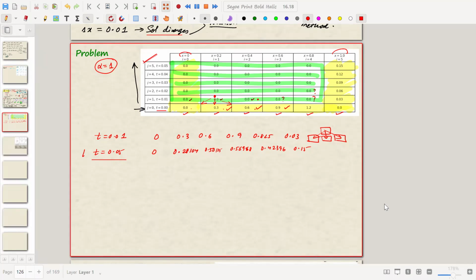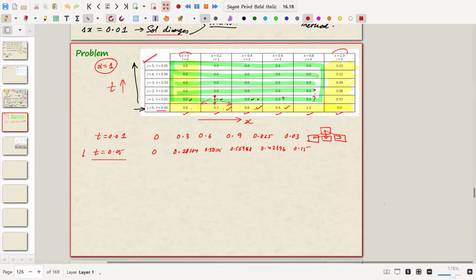Okay. So the idea is simple. Now you know how to solve the heat equation over the time period. Here it is varying with respect to x, and here it is varying with respect to t.